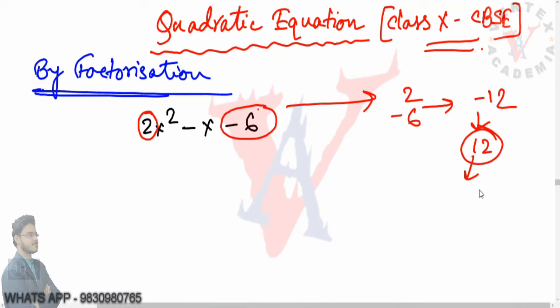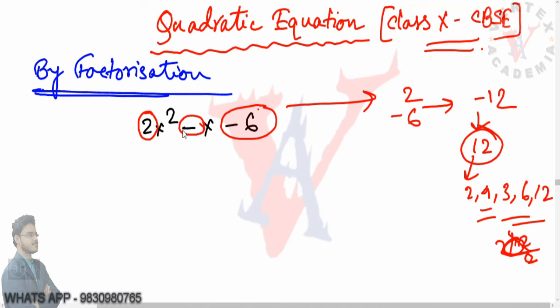For example, the factors of 12 are 2, 4, 3, 6, and 12 as well. So we have to find out the factors. How to find the factors? By prime factorization of 12 you can find them. Now with the help of these factors you have to write the coefficient of the x term, the first degree term.